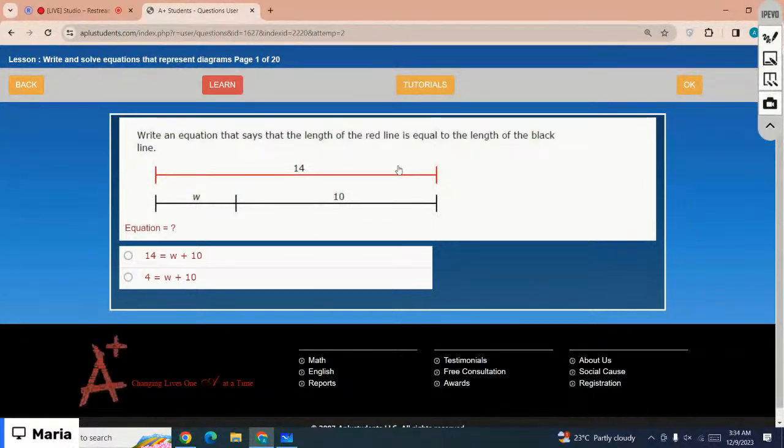Yes, that is 14 equals w plus 10. Option number 1 is the correct option. Very good.